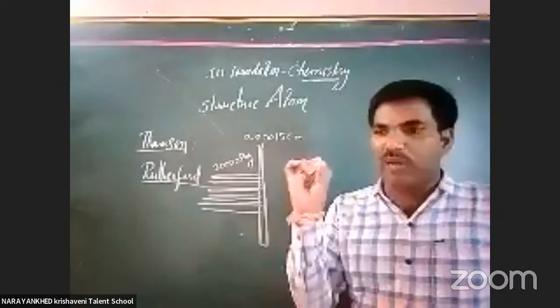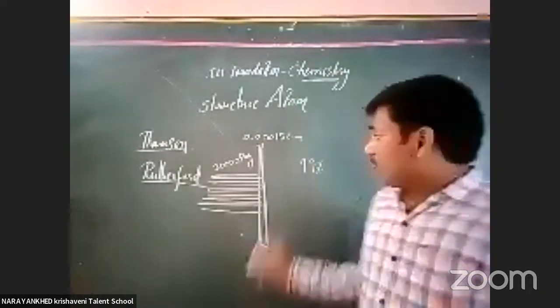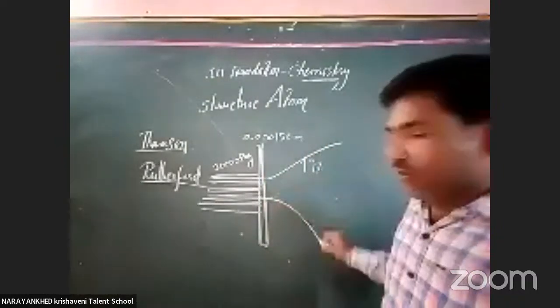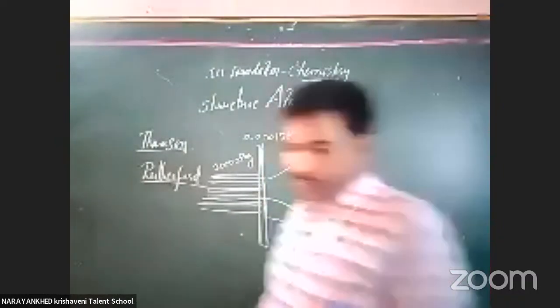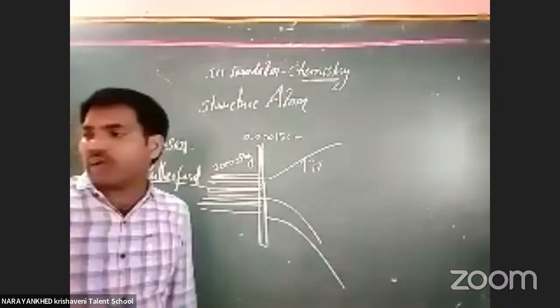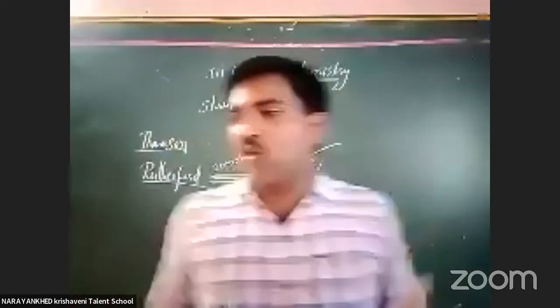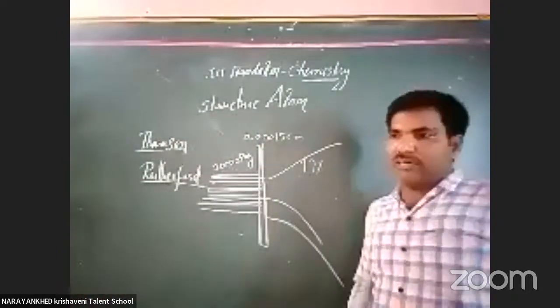Atom contains only 1% material. And some rays are deviated from their original paths. Clear or not all the students? So many are deviated from their original paths. I hope you got it.